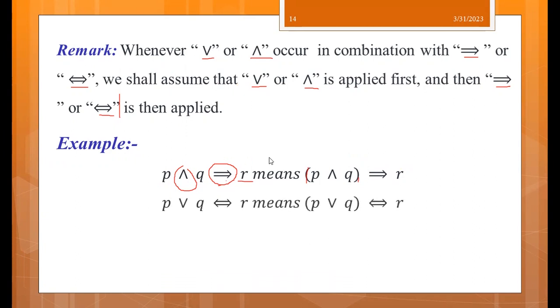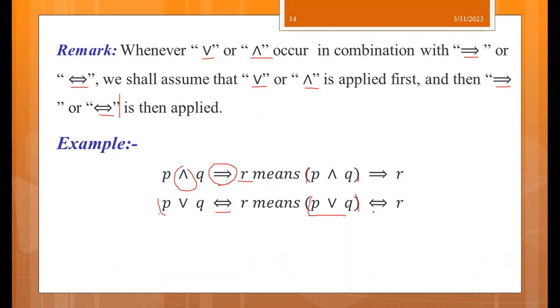Similarly, if we have this example here, we know that the logical disjunction, that is or, is combined with if and only if. So we must give priority first to the logical disjunction. Therefore, the disjunction must be enclosed by a bracket. That is, priority must be given to this one first.